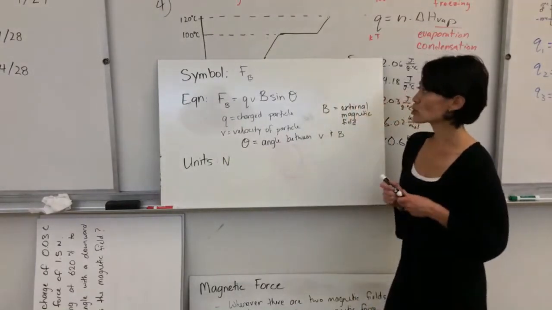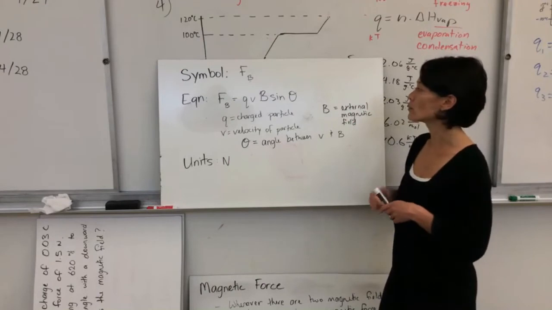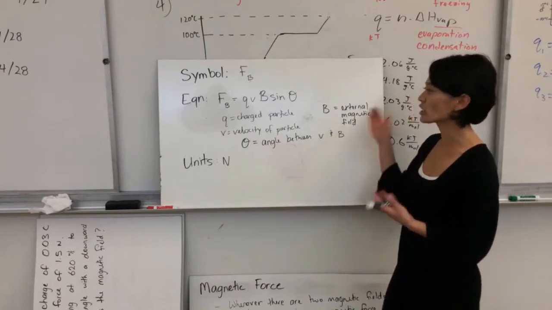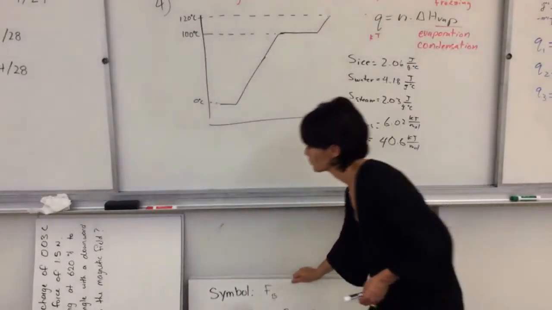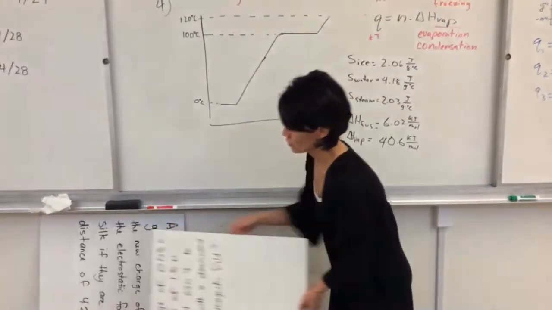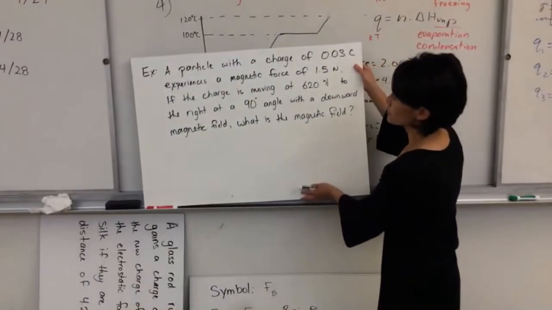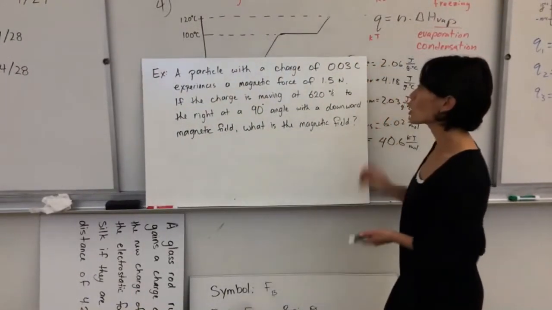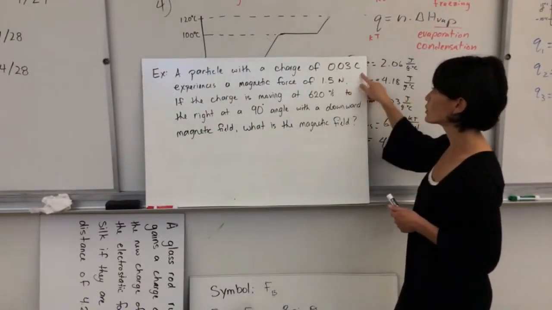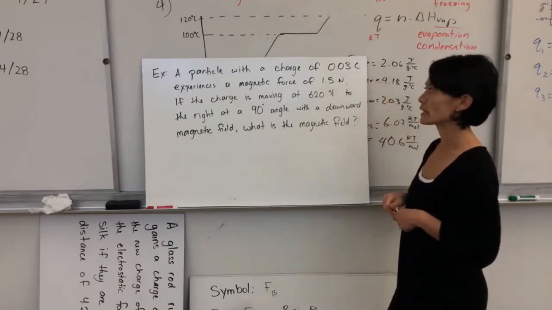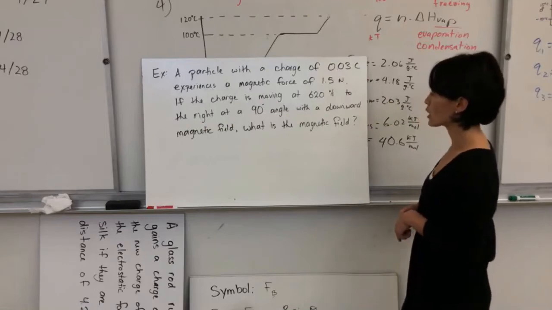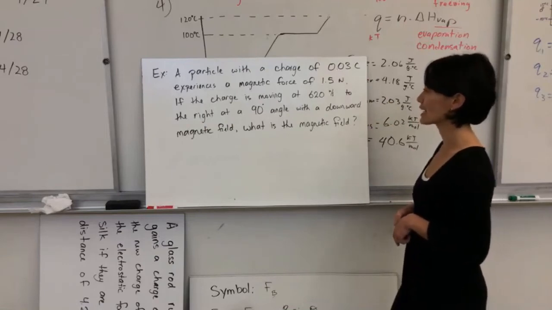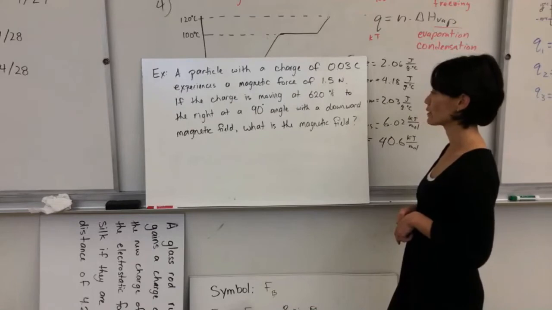All right? So we're going to look at one example during this lecture of calculating the magnetic force on a moving charged particle. The example says a particle with a charge of 0.03 coulombs experiences a magnetic force of 1.5 newtons if the charge is moving at 620 meters per second to the right at a 90-degree angle with a downward magnetic field.